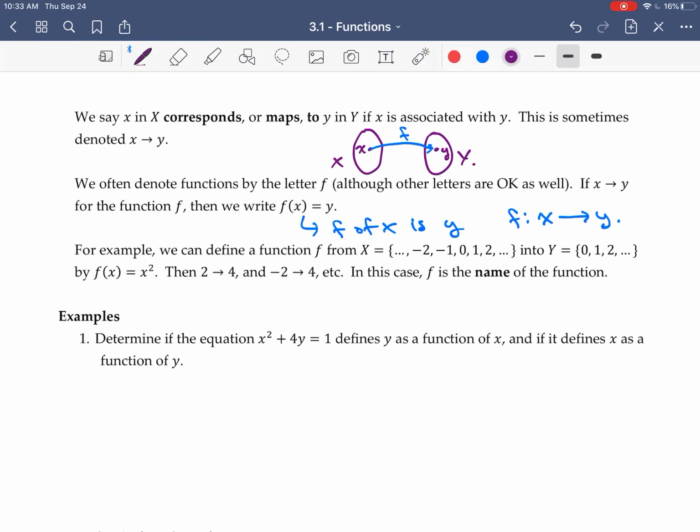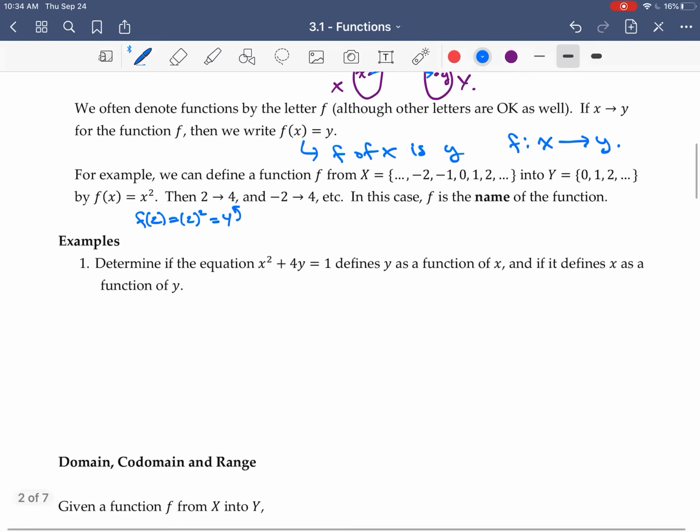Then f of 2 would be 2 squared, which is 4, and that's why 2 would go to 4. Similarly, negative 2 would also go to 4. And f is the name for this function.